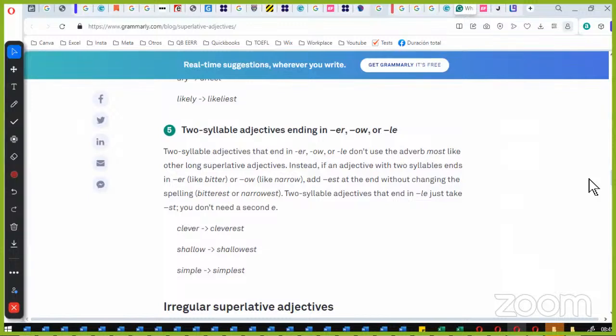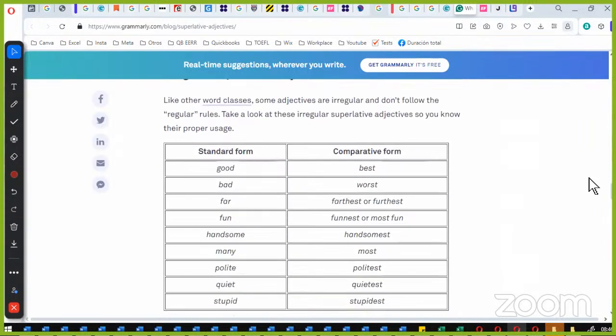Two-syllable adjectives that end in le just take st. You don't need a second e. Clever, cleverest. Shallow, shallowest. Simple, simplest. Okay, that's it.